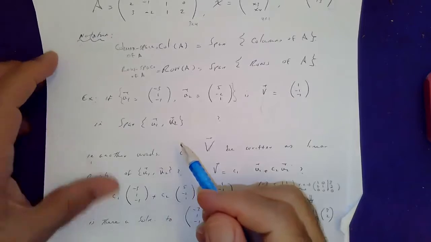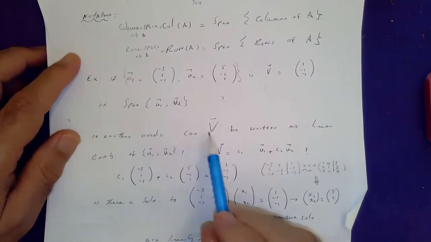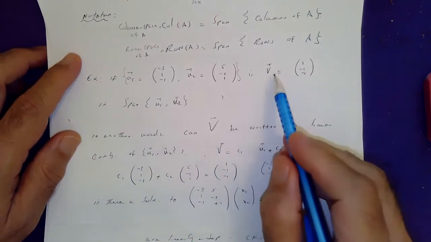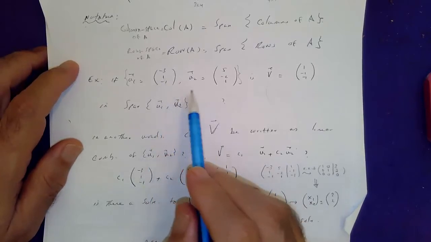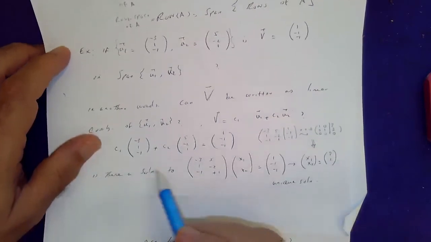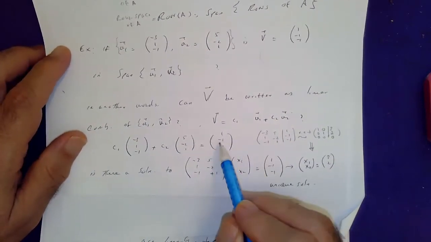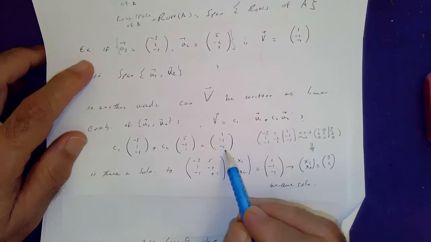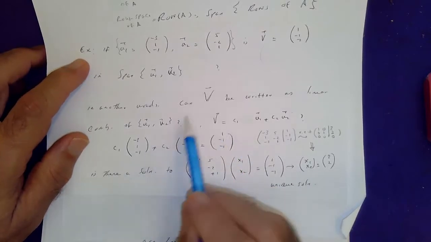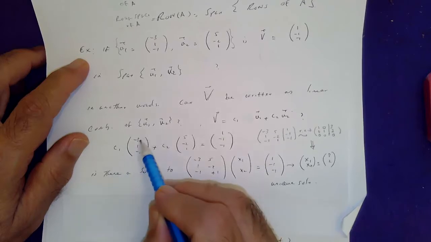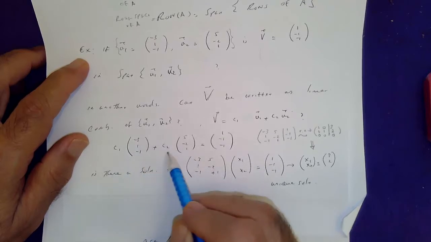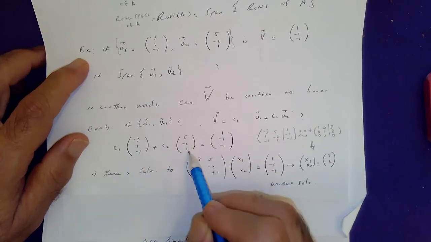Well, what does that mean? All that means is, can we write vector V as a linear combination of U1, U2? In other words, can I write V, which is 1, -1, -1, as a linear combination of U1, U2, which is C1 times -3, 1, -1, plus C2 times 5, -2, 1?